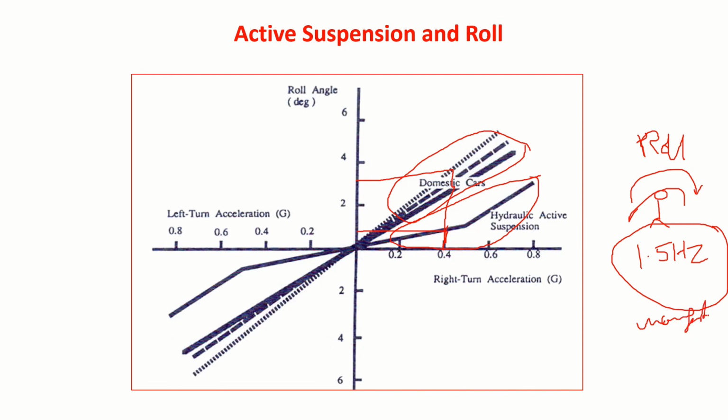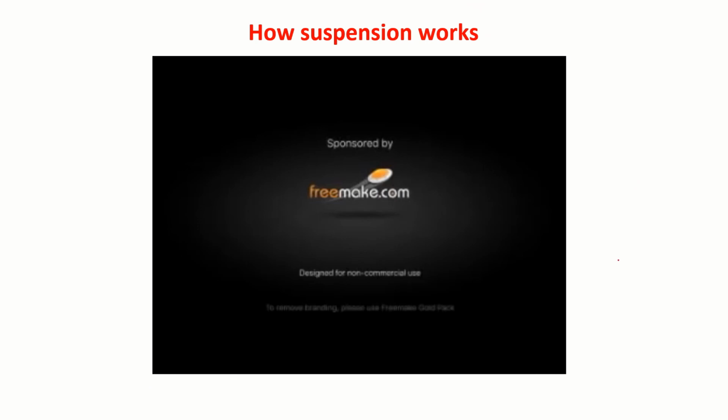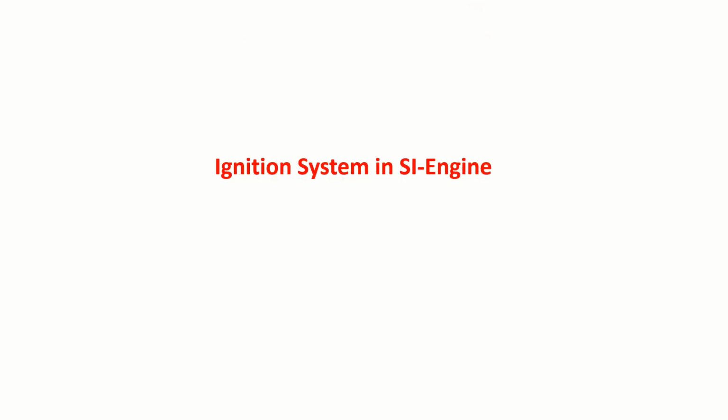Same thing, if your pitch frequency is more than 1.5 hertz, then also the occupant will be very uncomfortable. So the whole idea is to reduce or isolate those frequencies. Okay, that is the whole idea behind this.